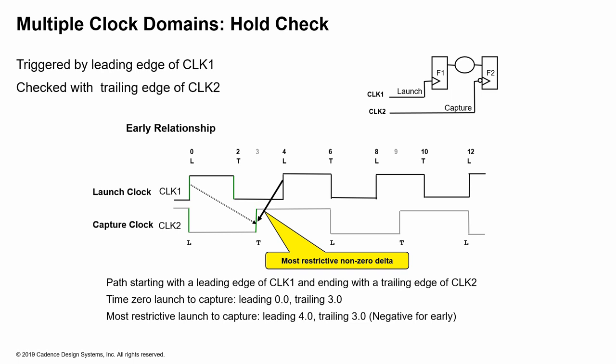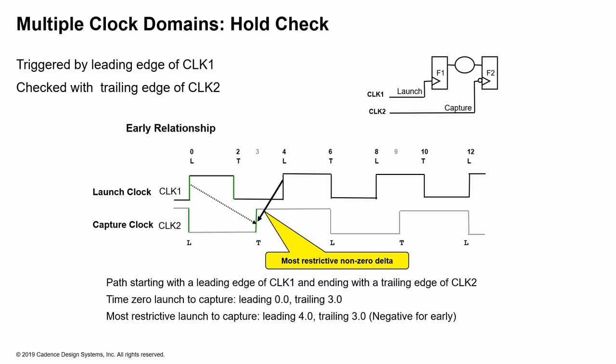So meaning if you launch at 0 and at the trailing edge of 3 the data has not completed saving into flop 2, then you don't want the new launch at 4 to give you new data, and therefore you just want it to wait until the data is safely stored.